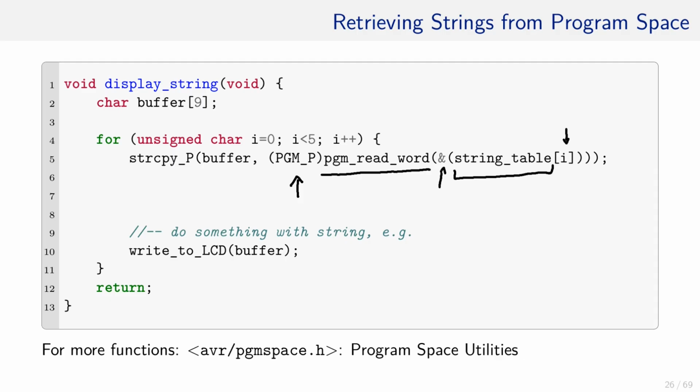Then we use the helper function strcpy_P, which accepts a destination address in the data space, here buffer, and a reading pointer in the program space. After this copy function, the data will be available in the array buffer, and it can be sent to an LCD to be displayed, for example.